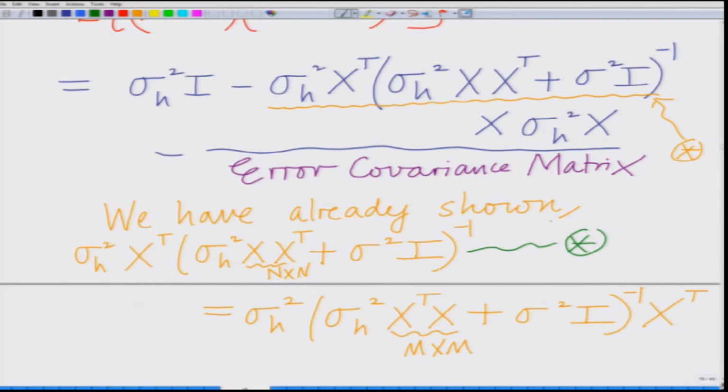So, I can replace this quantity, the star, by sigma_h^2 X^T (sigma_h^2 X X^T + sigma^2 I) inverse times X^T.